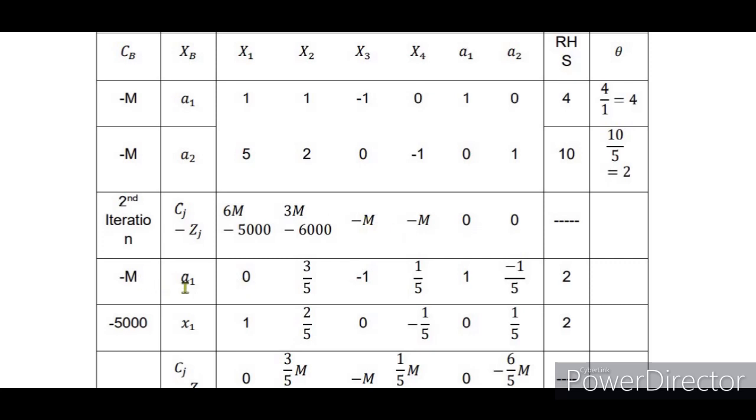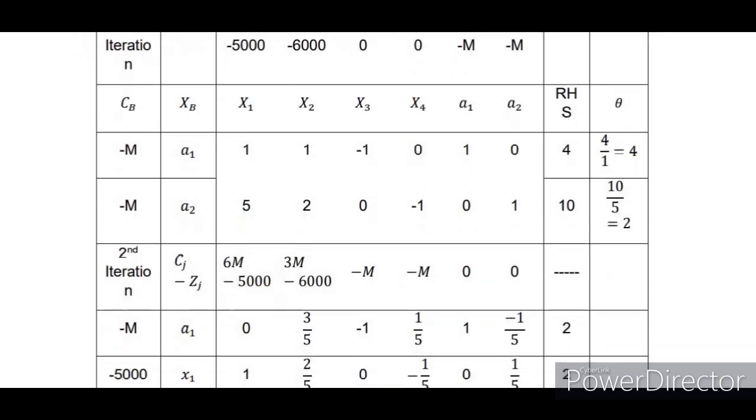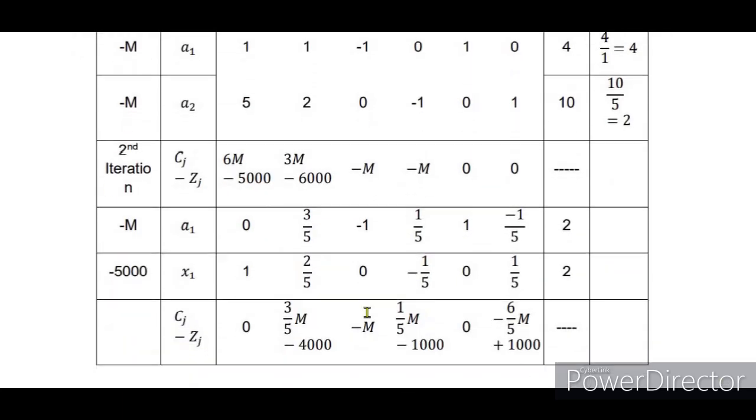So the value for a sub 1 is -m. Then for x sub 1 it is -5,000. We will just look at this uppermost row, the value that corresponds to it, and we will put that under C sub B.